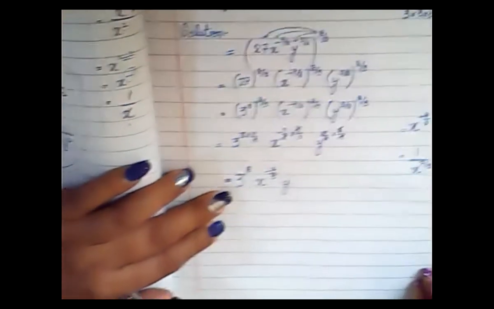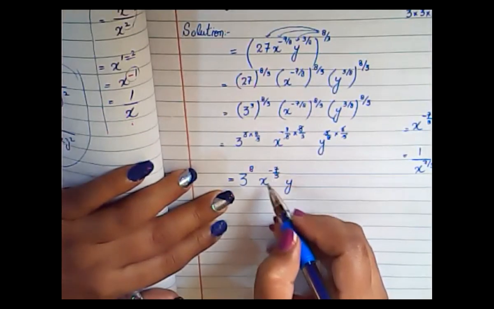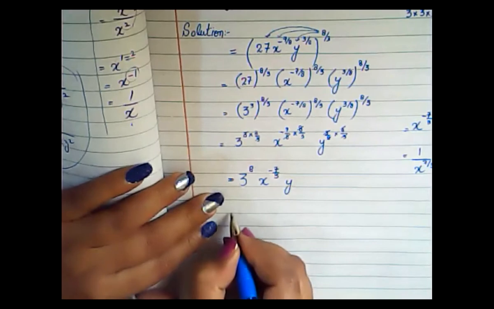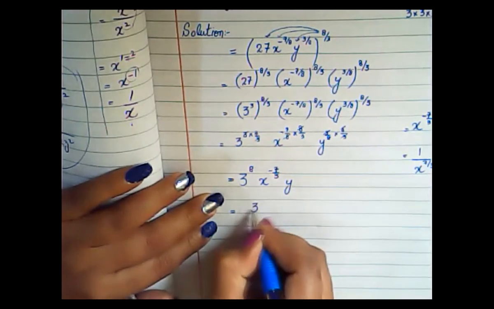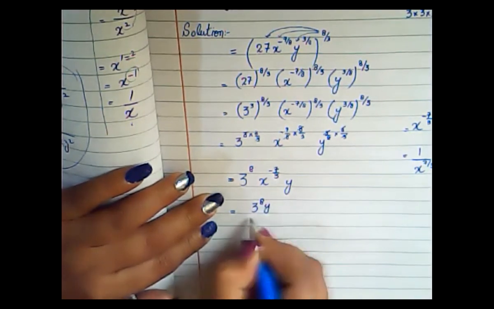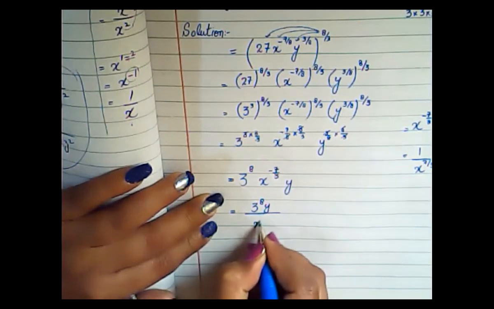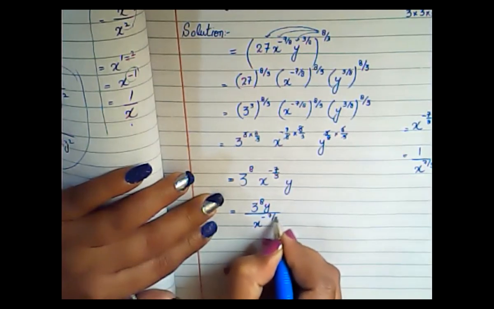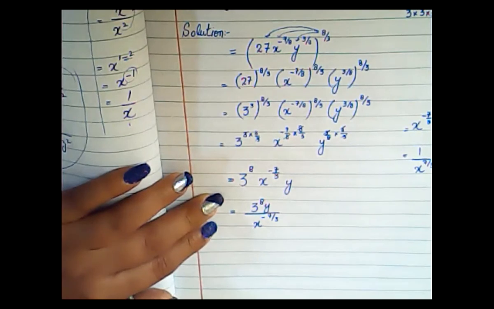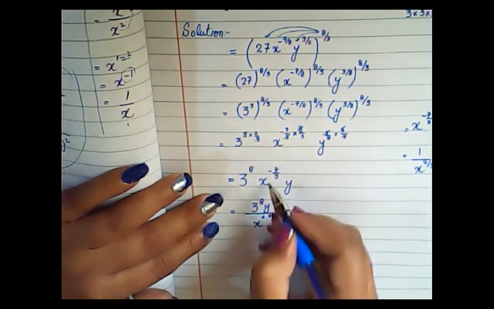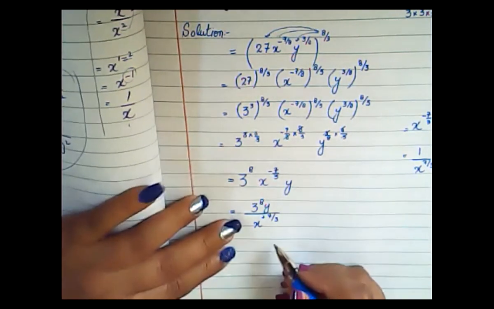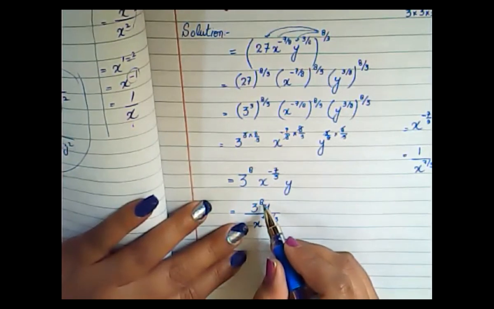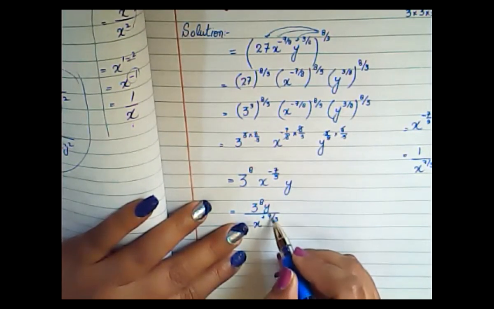Since the power is minus, I'm going to take it down, and the answer will be 3 raised to the power 8 y upon x to the power 7 upon 3. Upper minus to niche aake it will be plus. So you will write 3 raised to the power 8 y and x to the power 7 upon 3.